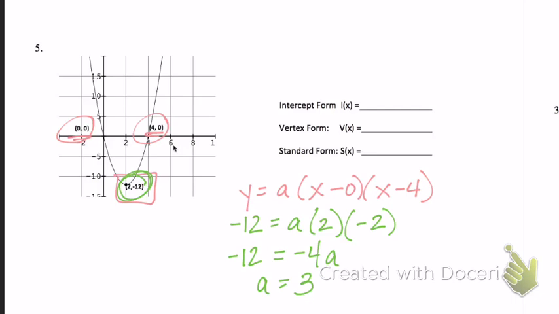Once I have a equals 3, I can just plug it back into the original. So intercept form would be y equals 3, x minus 0, so you can just write it as x, x minus 4. So you don't have to actually write out the x minus 0.